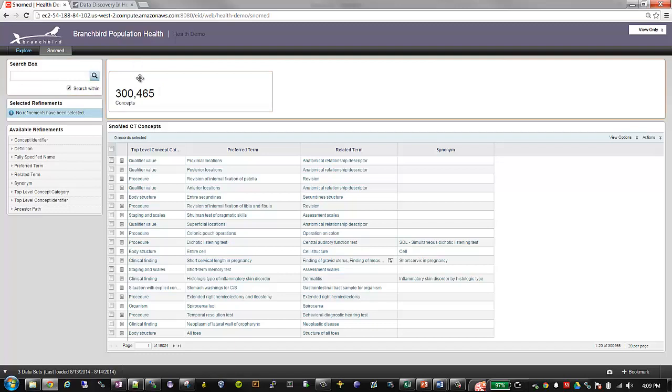So on this page, instead of looking at medical encounters for the 3 years of medical records we've ingested, we've, as a separate record collection, just ingested those 300 some odd SNOMED CT concepts. So we can explore just the concepts themselves.